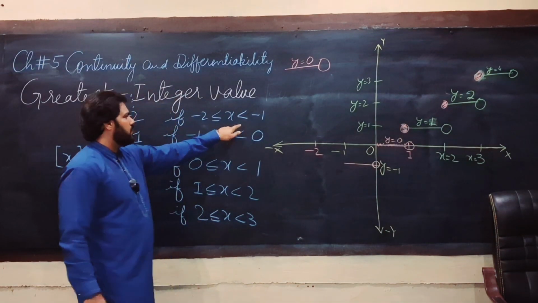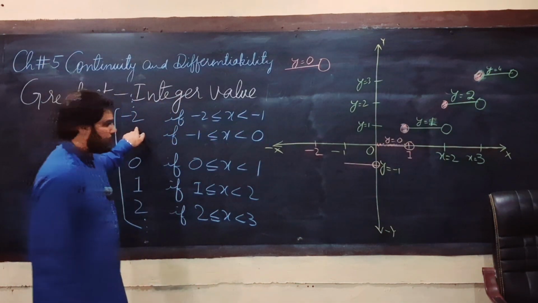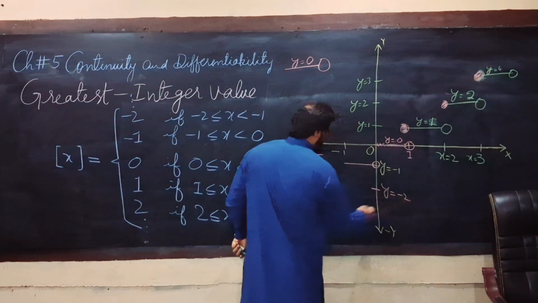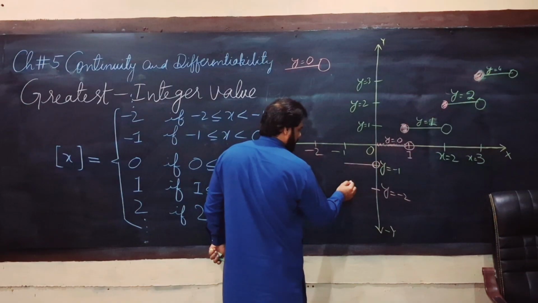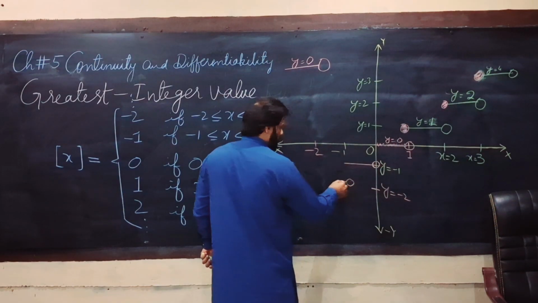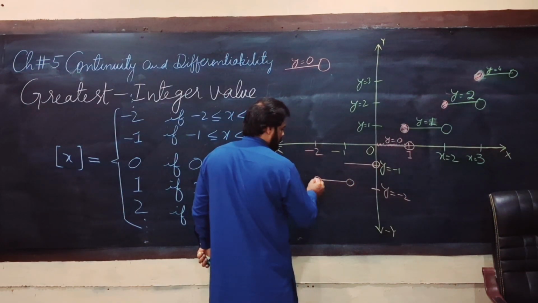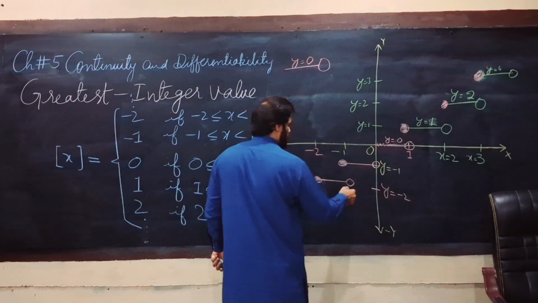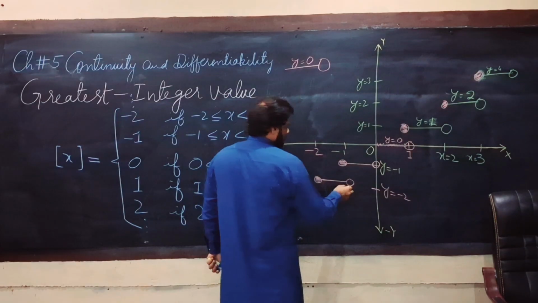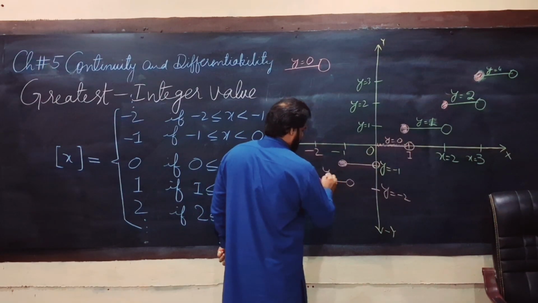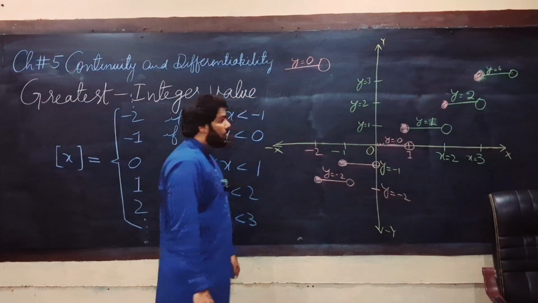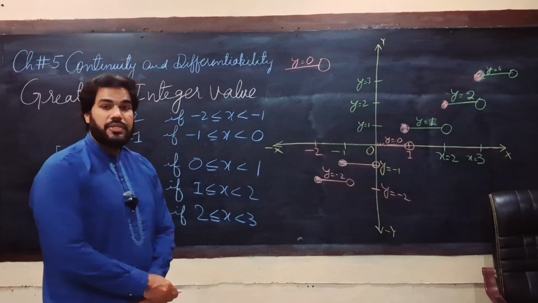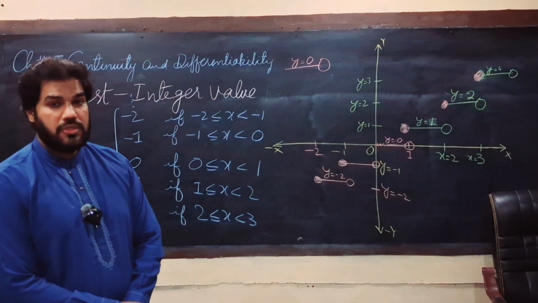So next our interval is -2 to -1. For this, the value of the function is -2 here. This is y is equal to -2. Now our graph will be here. This is the solid part, and this is the empty circle, that is the hole. Now from this graph you can observe that at every integral point your function is discontinuous.